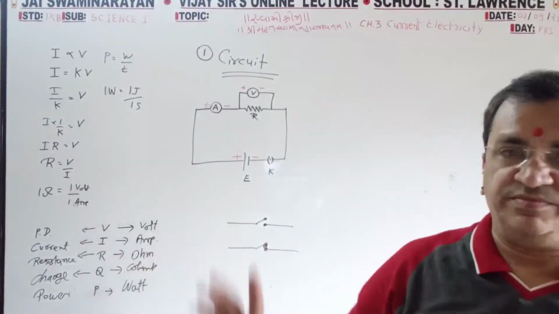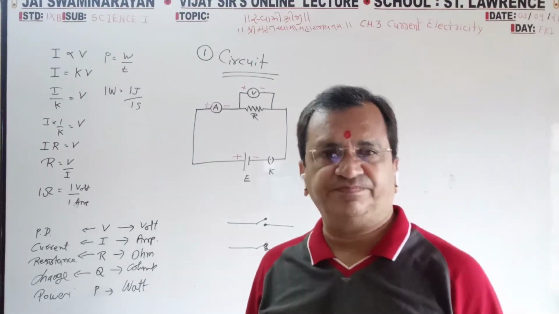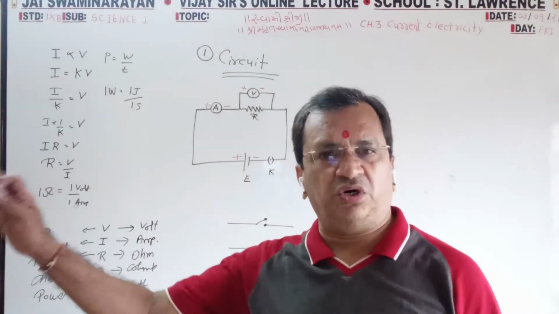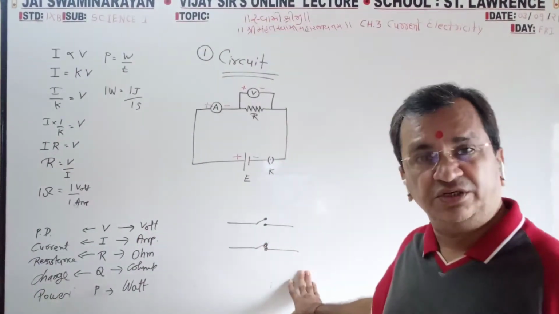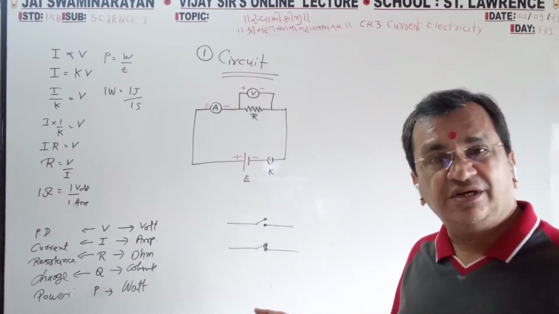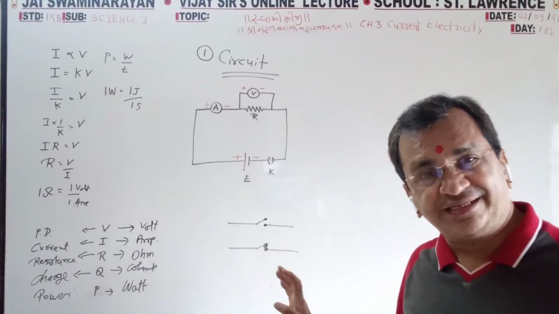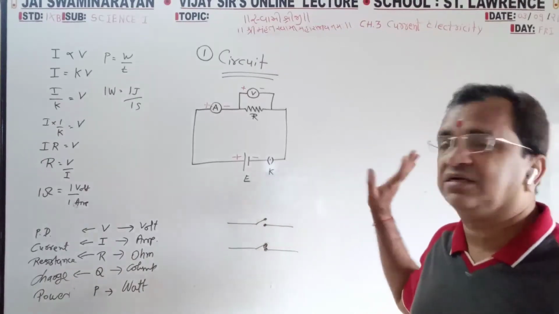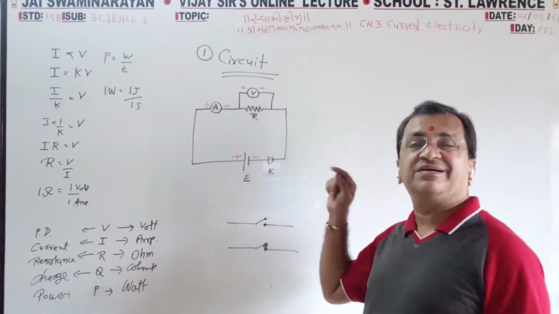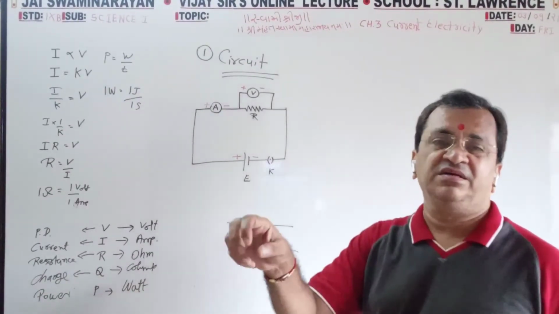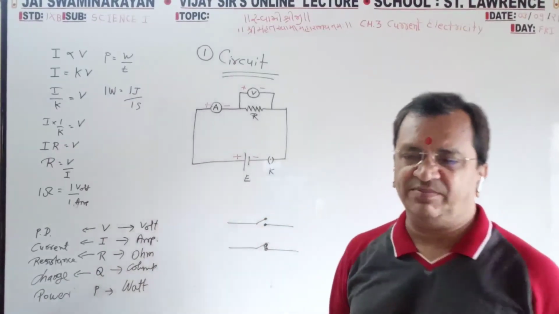So this is the third type of switch, continuous on and off. Here, not continuous: whenever you push, as long as you push, the current will pass. Here the current will not pass. With the plug switch, whenever there is a plug, current passes; if you remove it, no current will pass.